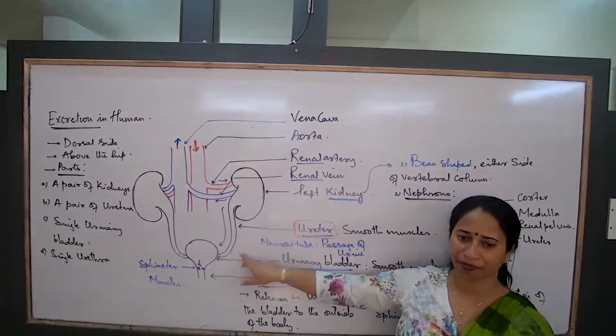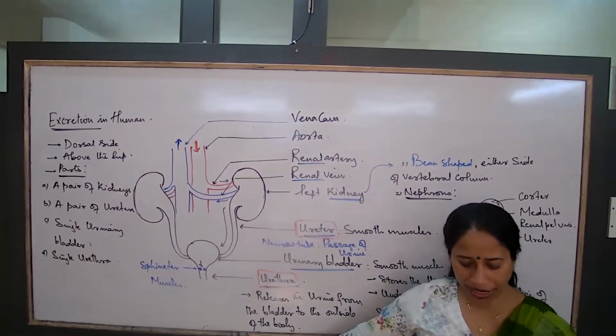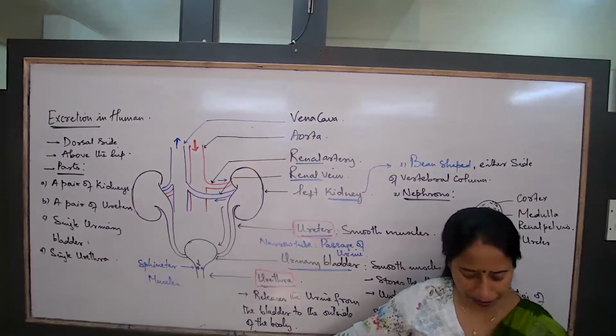Ureter connects the kidney to the bladder.